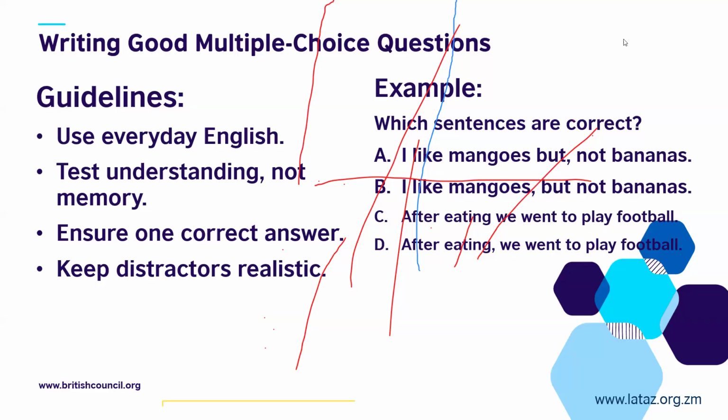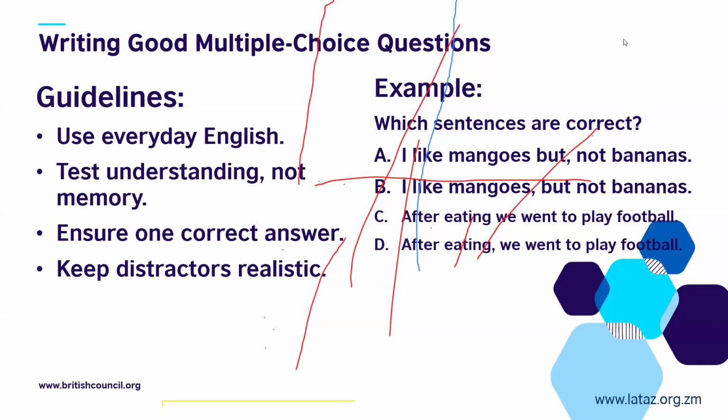Look at this multiple choice kind of question. Which sentences are correct? A, I like mangoes, but not bananas. B, I like mangoes, but not bananas. C, after eating, we went to play football.